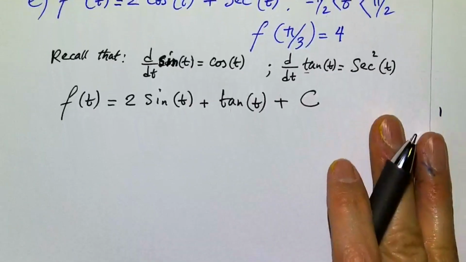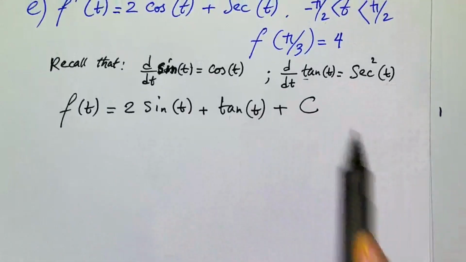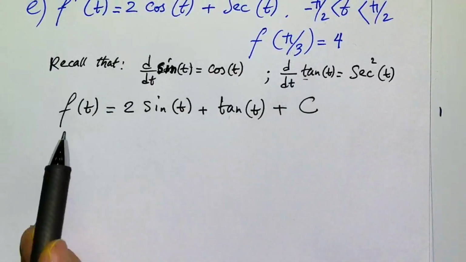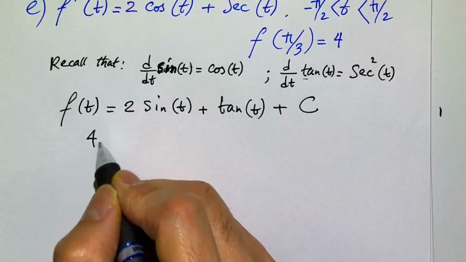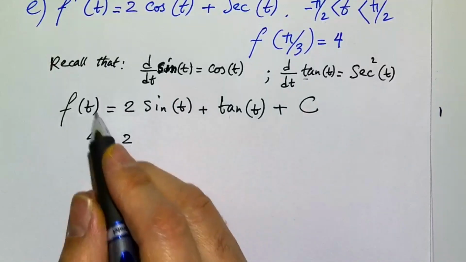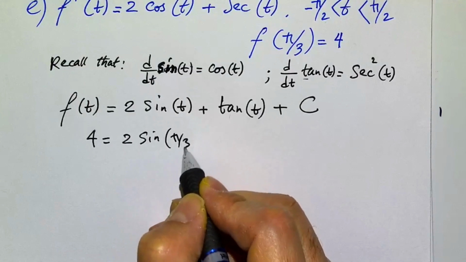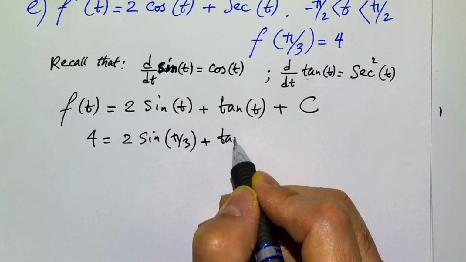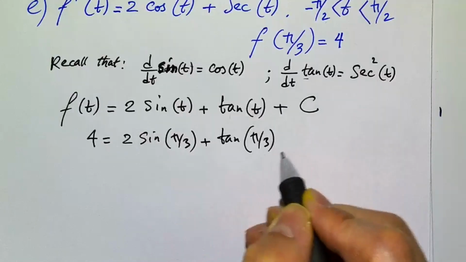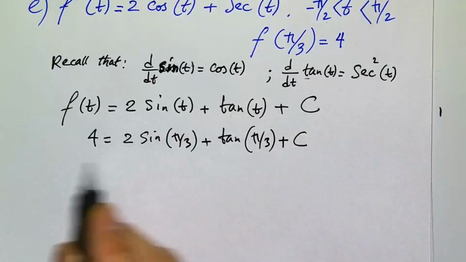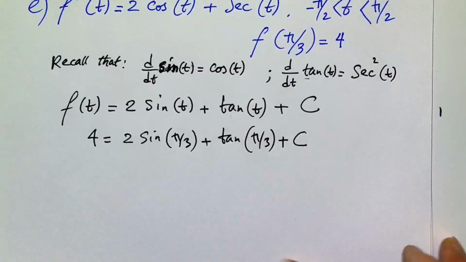Now, we know that this antiderivative at pi over 3 is equal to 4. So let's set that up. 4 equals 2 times sine of pi over 3 plus tangent of pi over 3 plus c, which, of course, is going to help us find c.